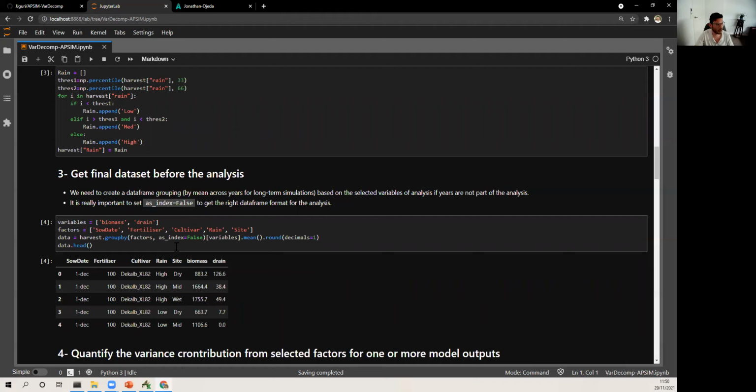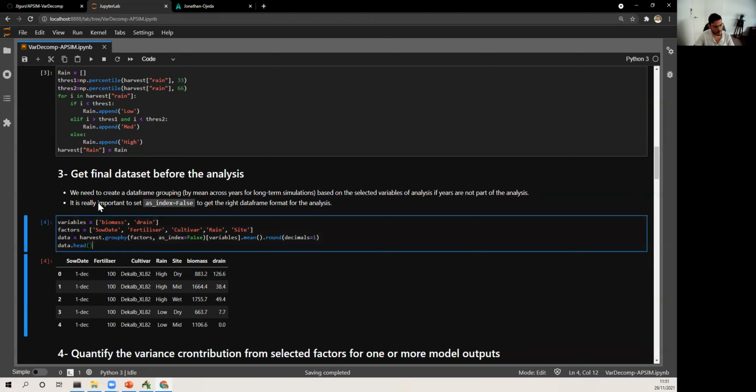So we are not looking here to see interannual variability or check how the interannual variability affects the variance of the biomass or drain. That could be in a different experiment, but in this case, I am doing the average between years, or across years, sorry, to assess the effect of sowing date, fertilizer, cultivar, cumulative rainfall during the growing season, and site on the variance of biomass and drain.